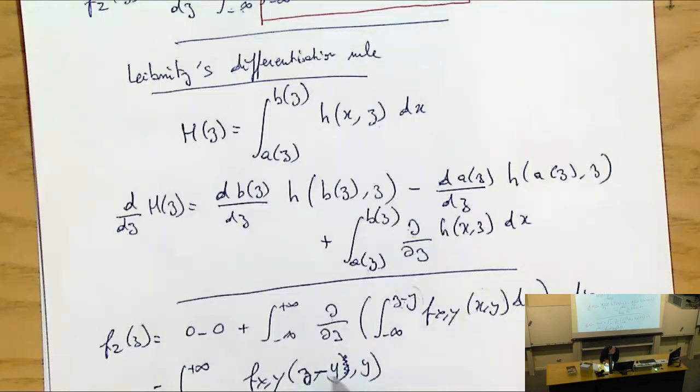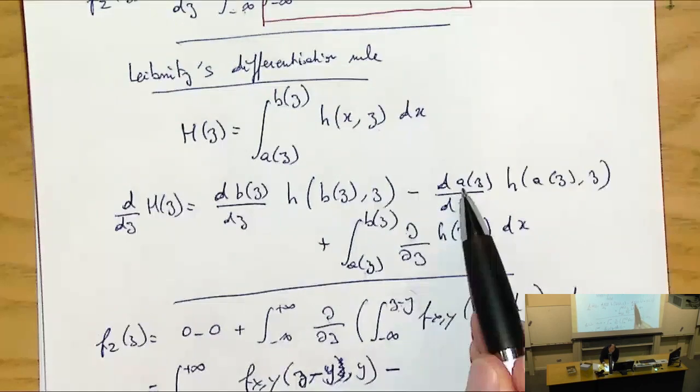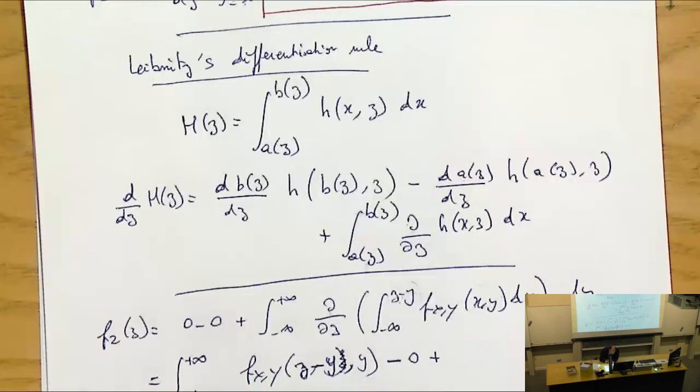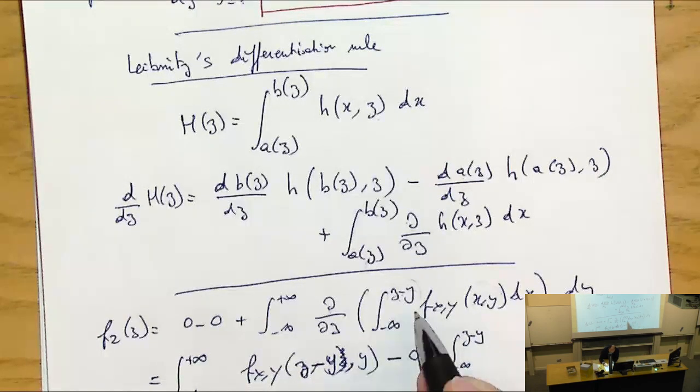So x takes the value of z minus y, minus the derivative of this lower boundary with respect to z, that's 0, plus the integral between minus infinity and z minus y of the derivative, with respect to z, of this joint PDF.